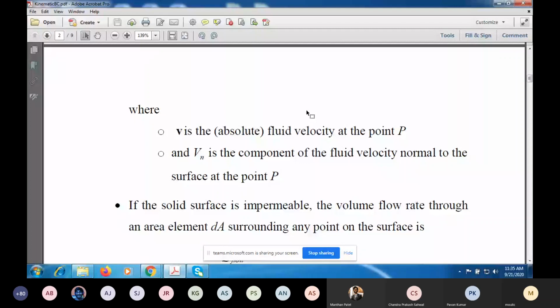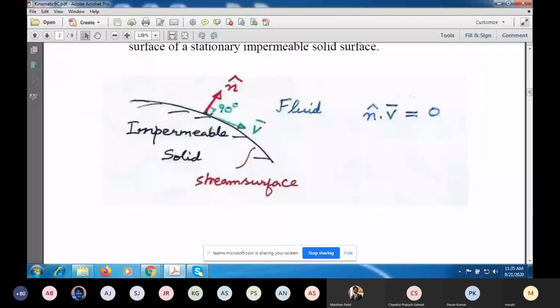The velocity vector will be tangent to the surface. We may not be able to find out easily right now what is the magnitude of the velocity, but we can say what is the direction of the fluid flow, if you model the fluid as being an inviscid fluid. So this is an important concept that we'll be using.